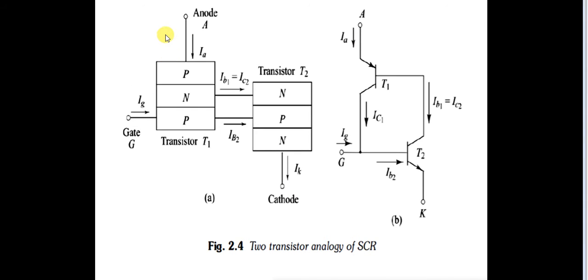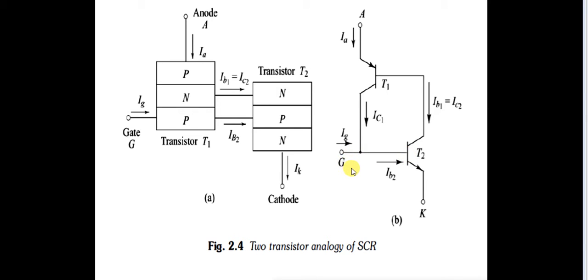So we have divided the SCR into two transistors, a PNP transistor and an NPN transistor. Let us consider this as transistor T1 and this as transistor T2. The base of transistor T1 is connected to the collector of transistor T2. The collector of transistor T1 is connected to the base of transistor T2.